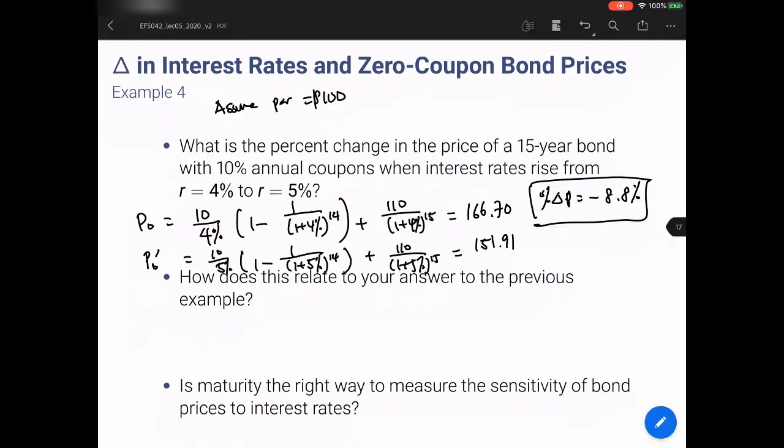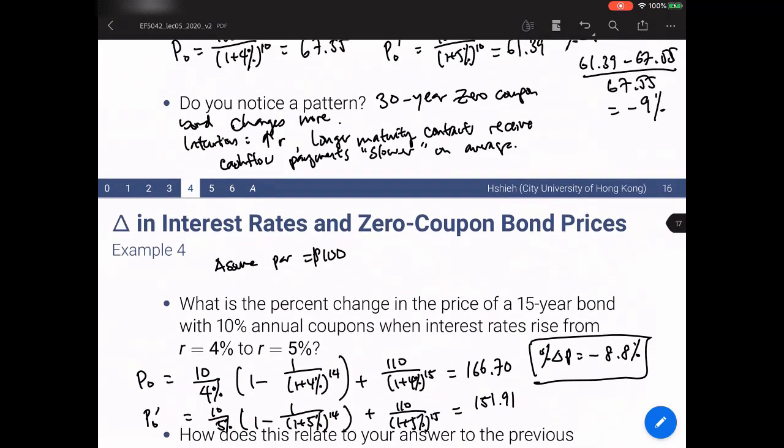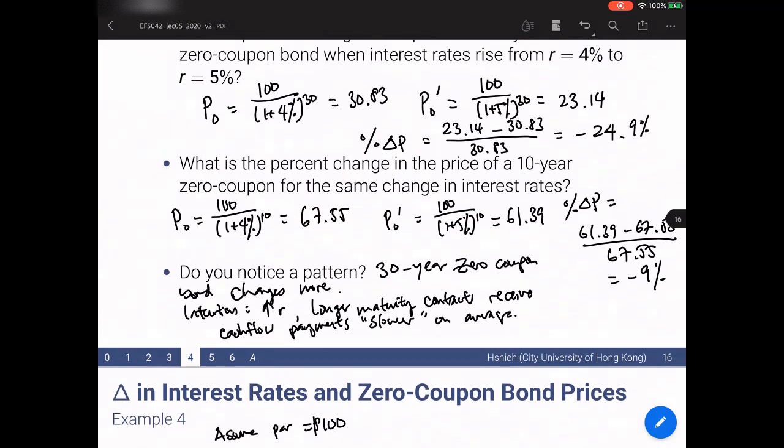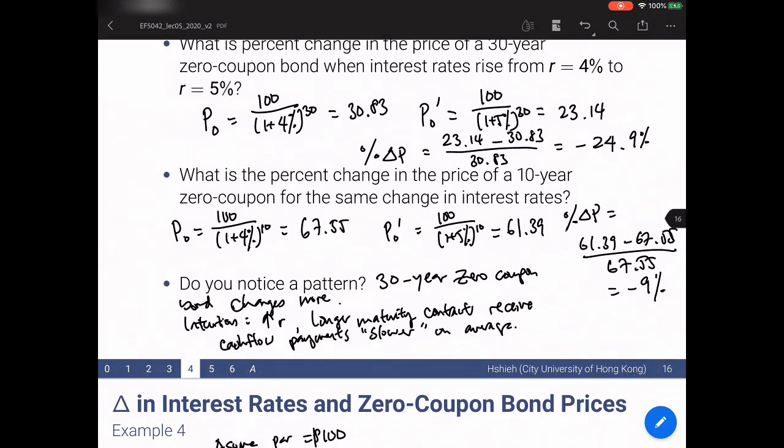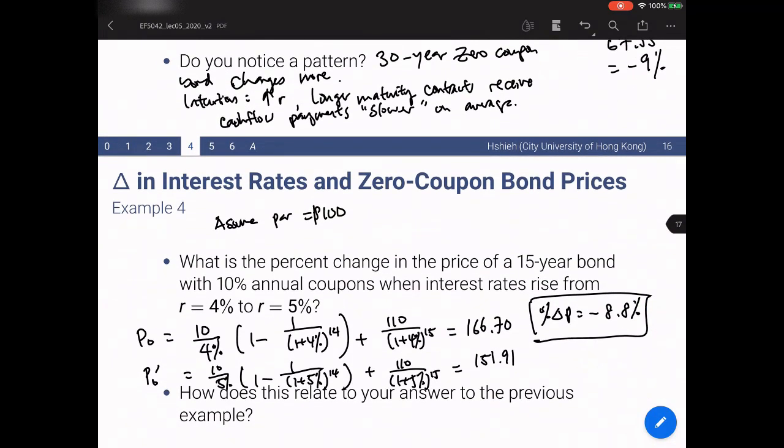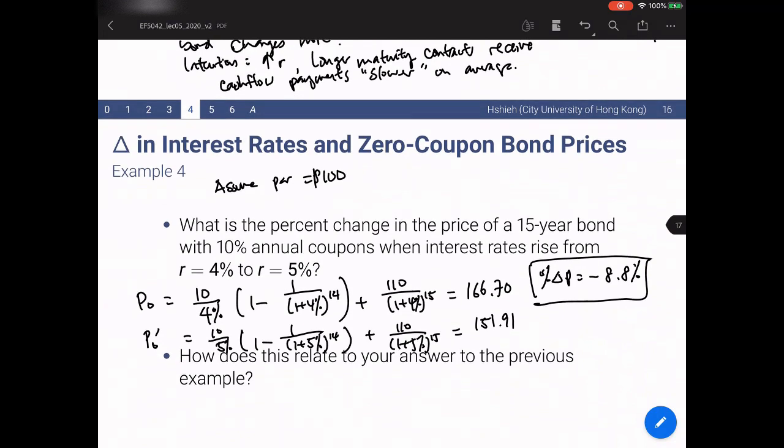All right, so compare this number with the 10-year bond that we calculated, right? The percent change in the 10-year zero coupon bond with respect to a 1 percentage point increase in interest rates is negative 9%. However, a longer maturity bond, interestingly, with intermediate coupon payments has a lower sensitivity to the same change in interest rates, the same 4% to 5%.